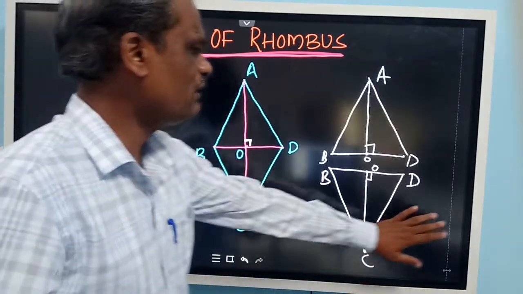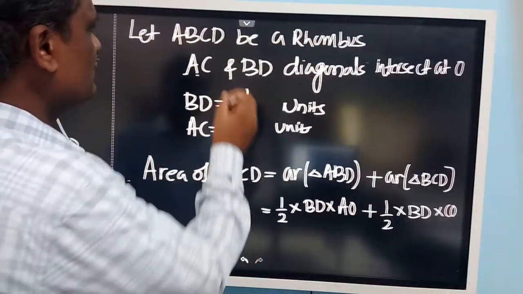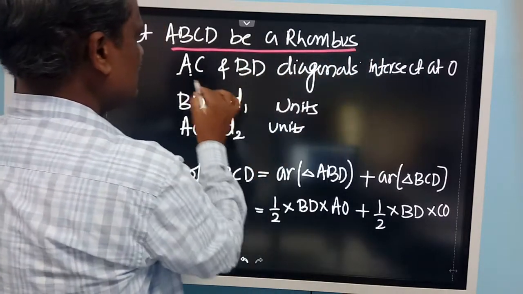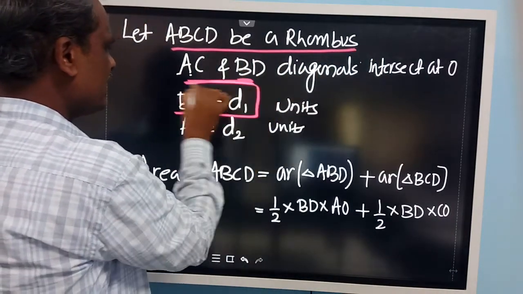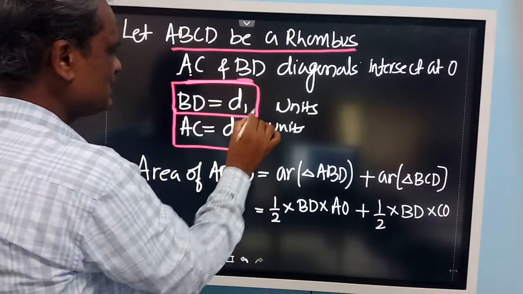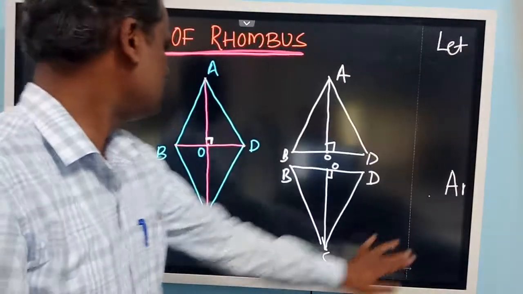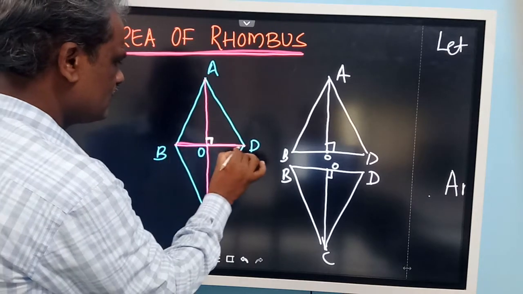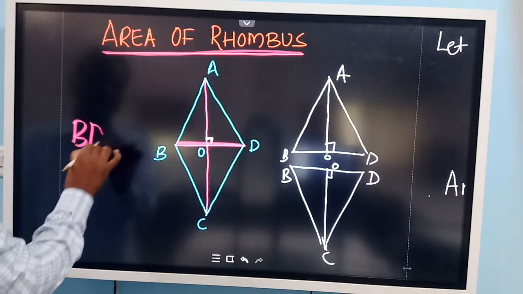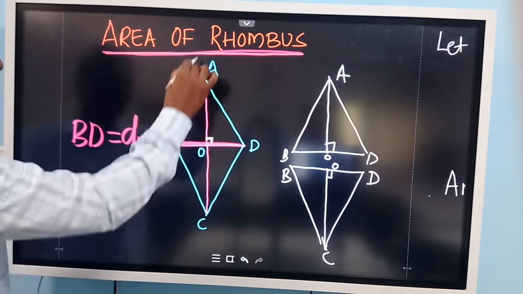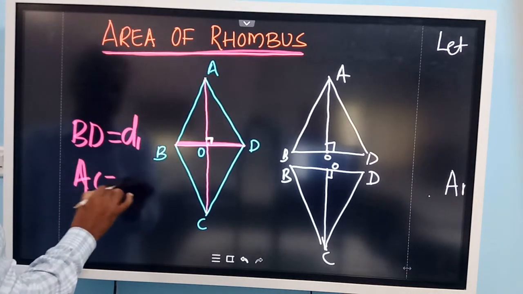Okay, so now what I will do, I will take ABCD as a rhombus, AC and BD are diagonals, intersecting at O. So BD I have taken as D1, AC as D2. See, this length is D1, BD is equal to D1, and AC is equal to D2.